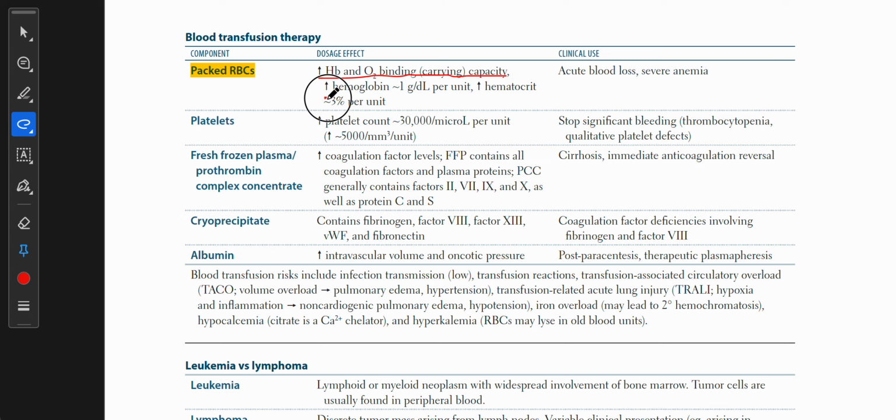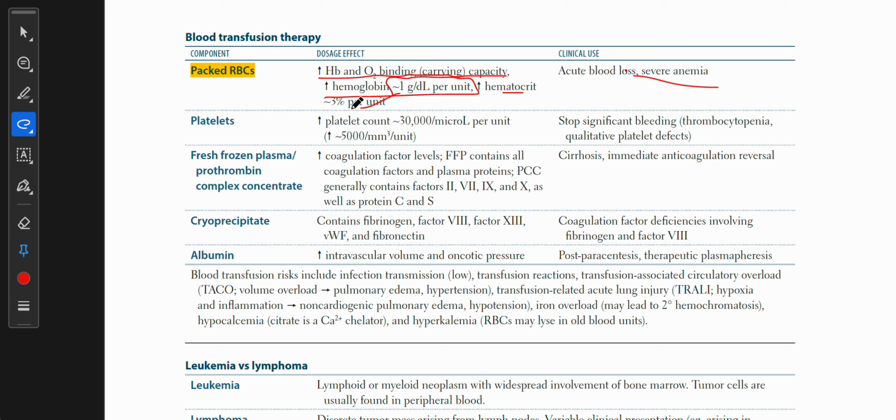Hemoglobin increases by 1 gram per deciliter per unit of blood, and hematocrit increases by 3% per unit. So remember these factors, right? The clinical use is acute blood loss and severe anemia. We can use packed RBCs.